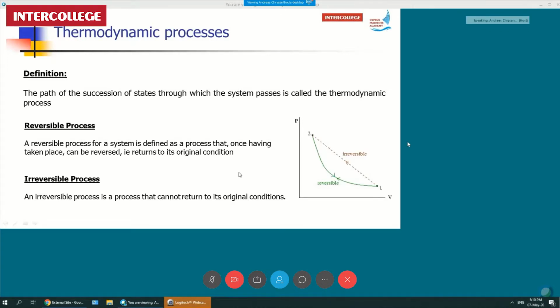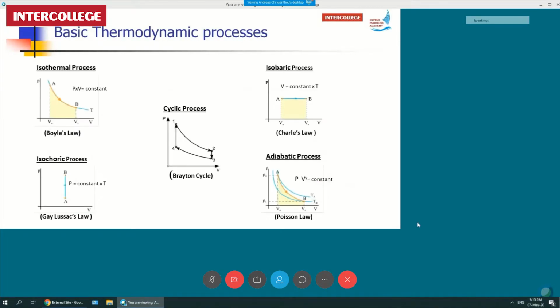For instance, if you rub your hand on the table, you can feel the heat. That heat which is generated is lost into the atmosphere, and there's no way this heat can come back into your hand again. Okay, having said that, we are going to look at how these processes fit into this framework.